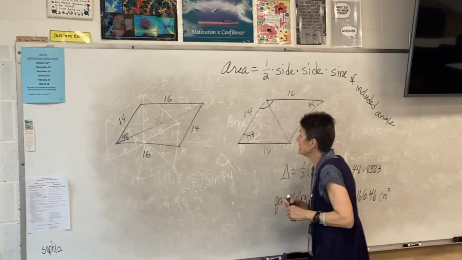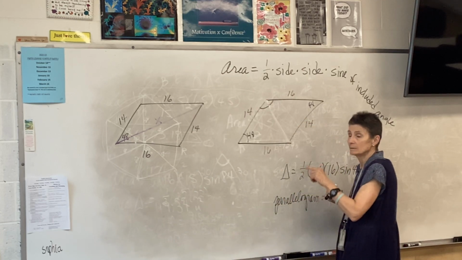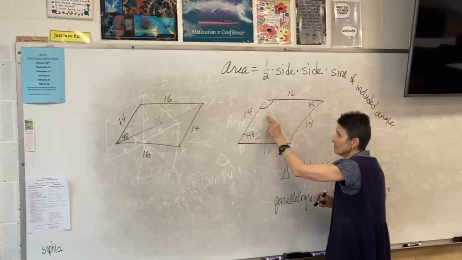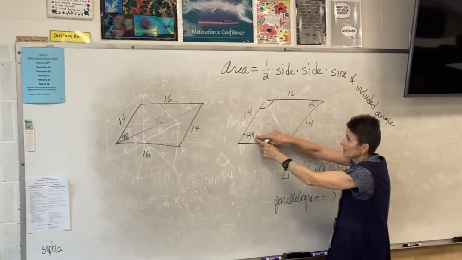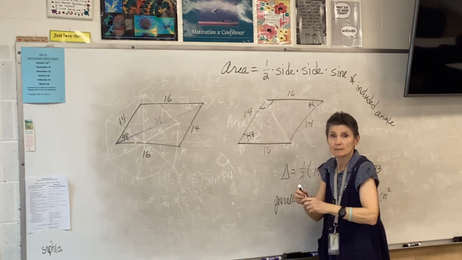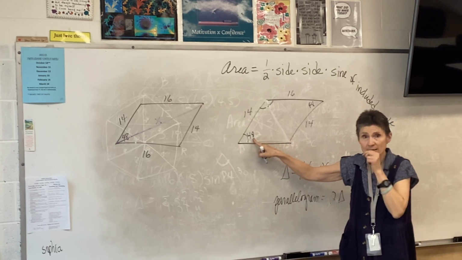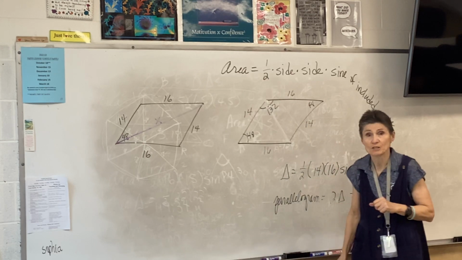Secondly, in any parallelogram, consecutive angles, that is angles right next to each other, are supplementary. So I automatically know, if they tell me that one's 48, I automatically know this one's 132.